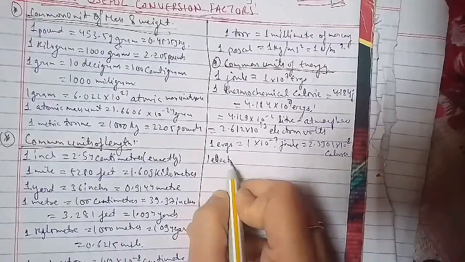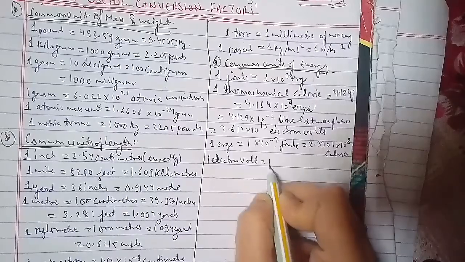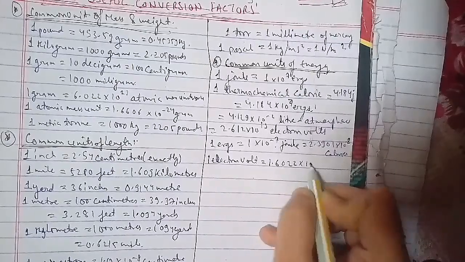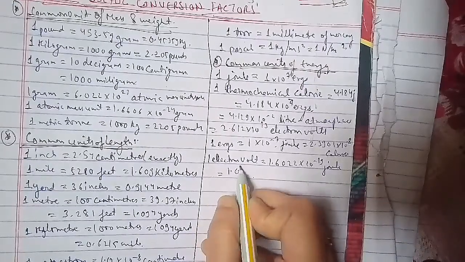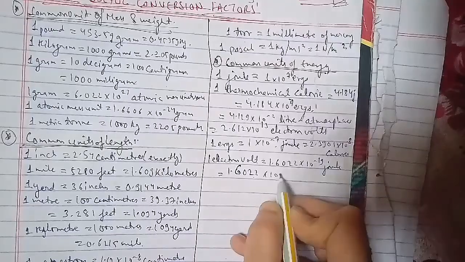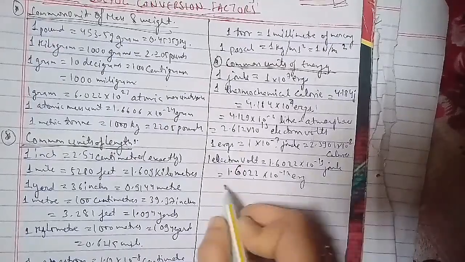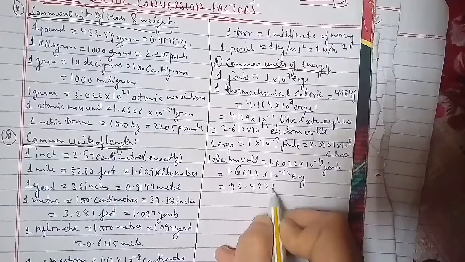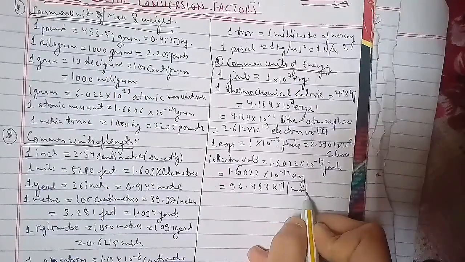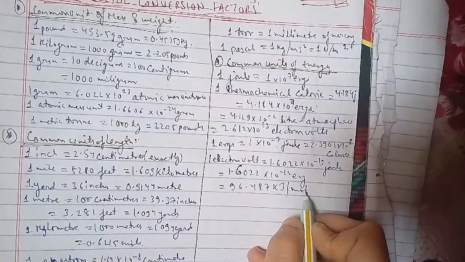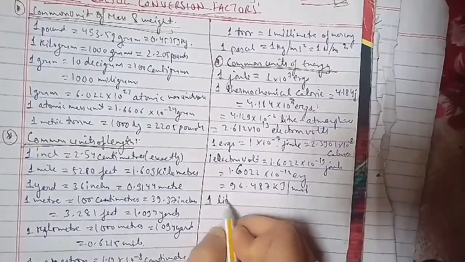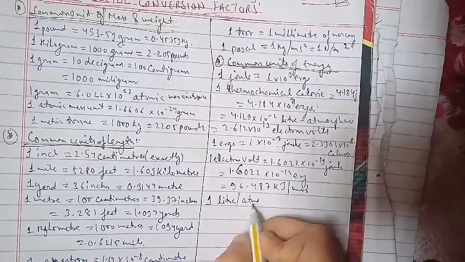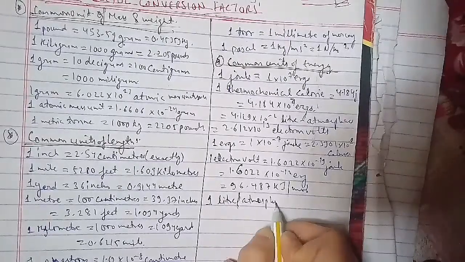And in the same way we will talk about 1 liter atmosphere. 1 liter atmosphere equals 24.217 calories, and then it equals 101.32 joules, which equals 1.0132 into 10 to the power 9 erg.